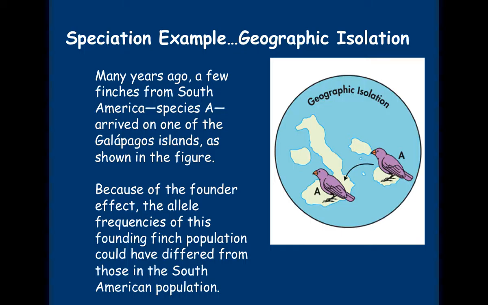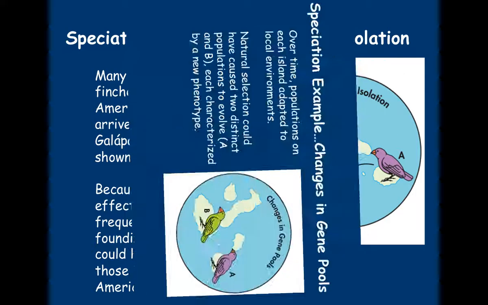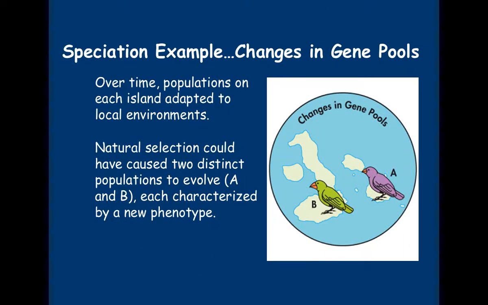Finches from South America, species A, arrived at the Galapagos Islands. Because of the founder effect, the allele frequencies of this population could have differed from those in the South American population. So we have some geographic isolation; they can't get back to the mainland, so they can only interbreed with each other. Over time, the populations on each island adapted to the local environments.